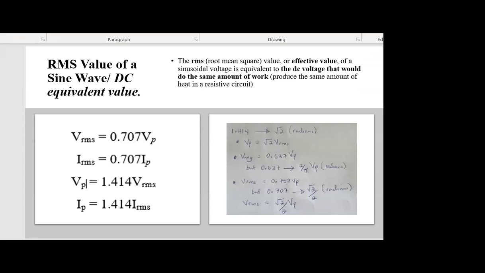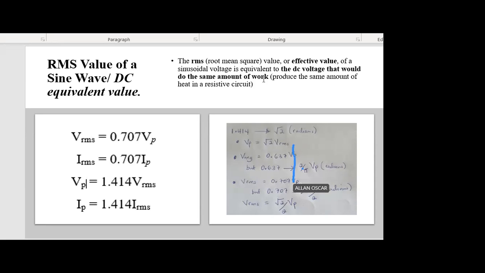Then we look at the root mean square value of a sine wave, or the DC equivalent. So the root mean square value is the same as the effective value of the sine wave. And it's equivalent to the DC voltage that would do the same amount of work.